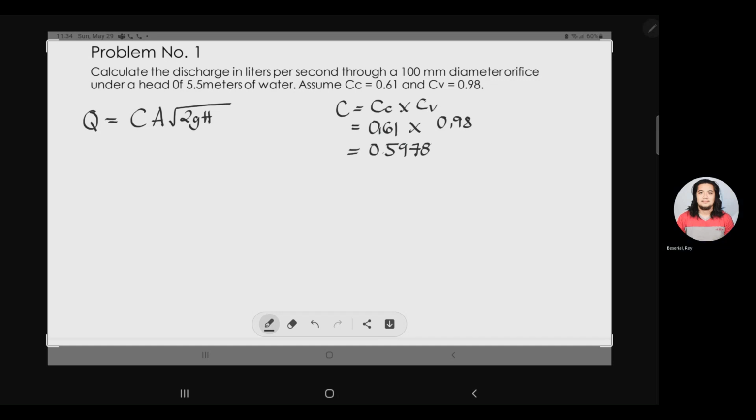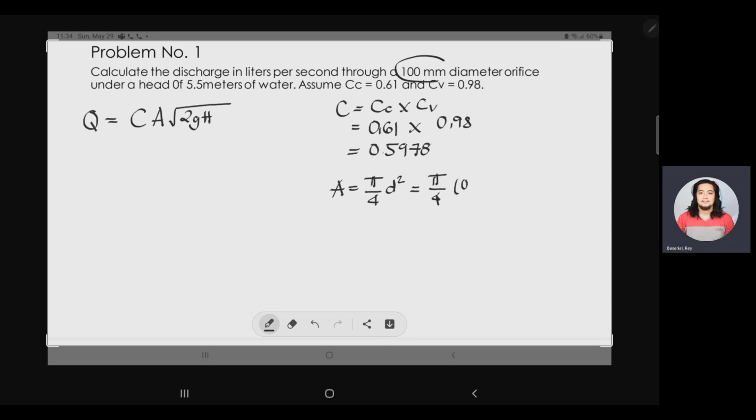Okay. And then yung area natin, with the diameter na 100 mm, so area equals to pi over 4 d squared. So in terms of meters, meron tayong pi over 4 times 0.1 squared.